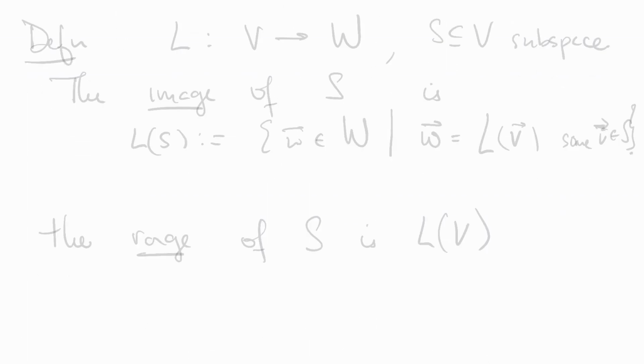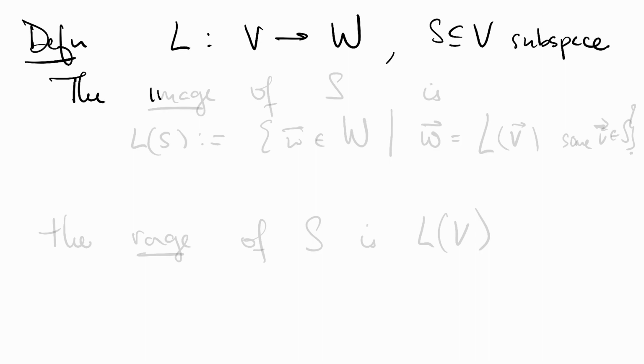There are also other subspaces associated to the linear transformation L. Definition. Say L is, of course, a linear transformation from vector space V to vector space W, and S in V is a subspace.